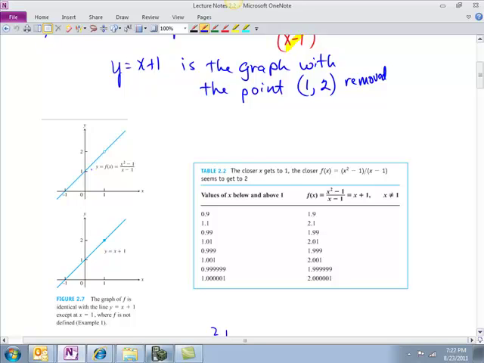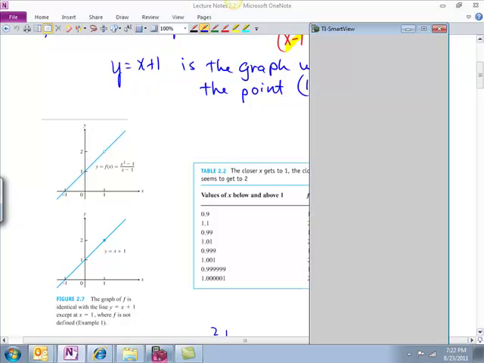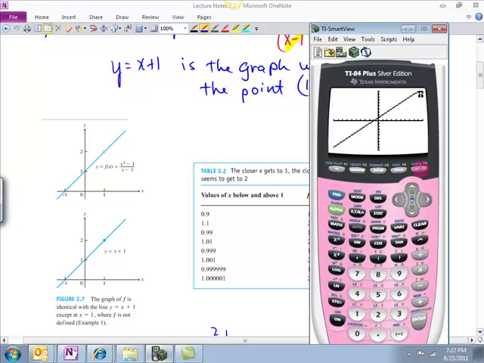And if you in your calculator did the table and you said if x is 1, what do you get? If we go to second table and I put in 1, I think my table's set up wrong. Hold on. Yep. What do I get? Error.